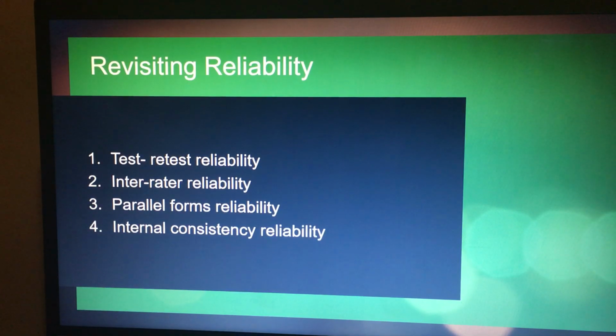This type of reliability is assessed by having multiple raters evaluate the same thing and then calculating the correlation between their ratings. A high correlation between the ratings suggests that the raters are consistent in their evaluations, indicating good inter-rater reliability.